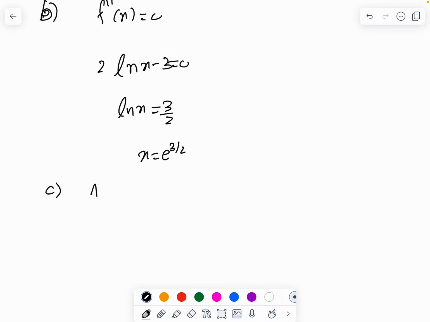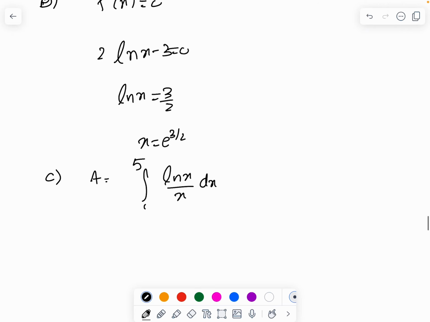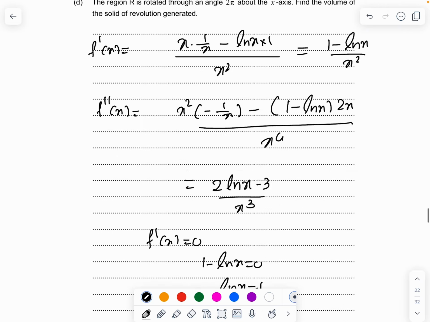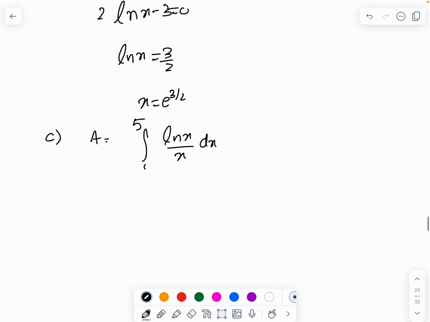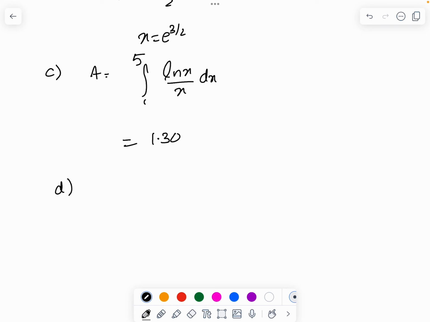For part C, area, it is 1 to 2.5 ln x upon x dx. Then, is it with GDC? Yes, with GDC, you can find it out. This answer should be 1.30. For part D, volume, 1 to 2.5 pi ln x upon x whole square dx. Again, GDC, 1.38.